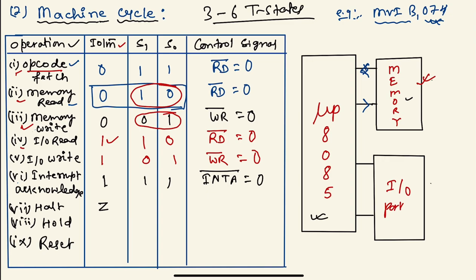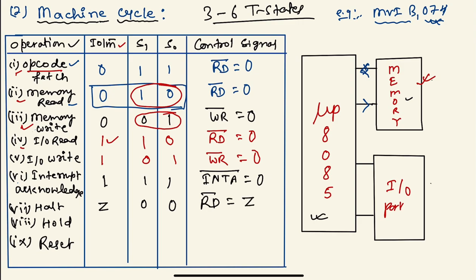It means the lines through which signals interact from the microprocessor to the outside go into the high impedance state during the halt operation. So IO/M bar should be in the high impedance state, S1 is 0, S0 is 0, and read bar as a control signal is also in the high impedance state.